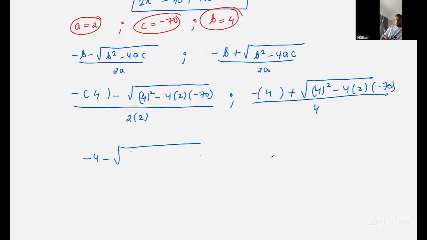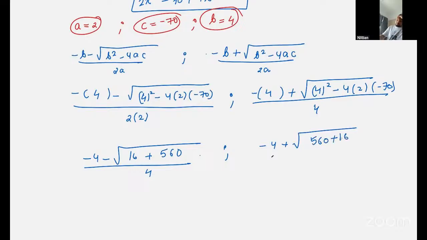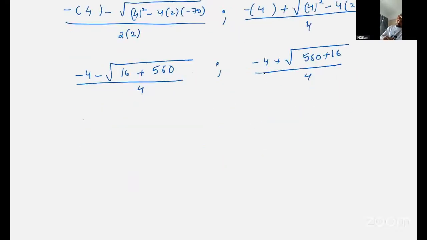This will become 16 plus 560, which is 576. So minus 4 minus root 576 upon 4, and the other one will be minus 4 plus root 576 upon 4.